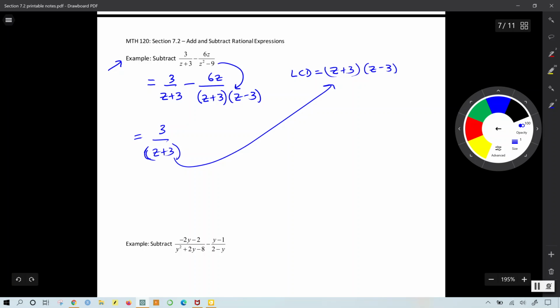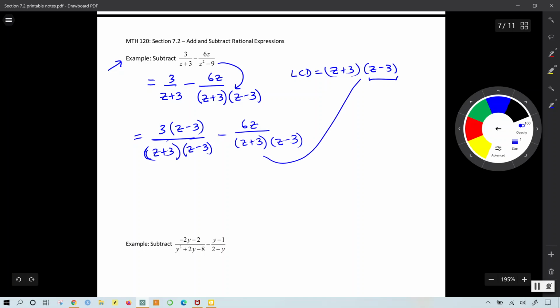Does this need an extra element? Yes, it needs z minus 3. So we have z minus 3. And so we look at the next fraction, and comparing the denominator of this fraction with the LCD, you observe that they already match, so we don't need any extra component for this fraction.